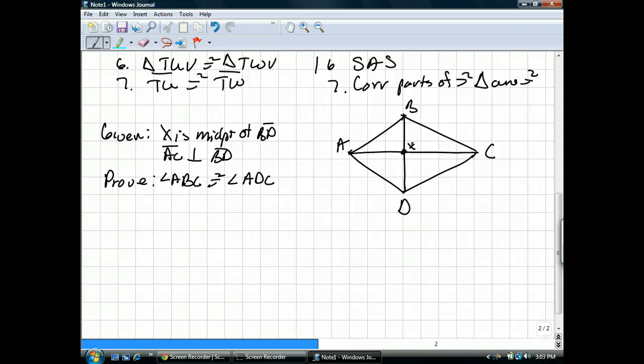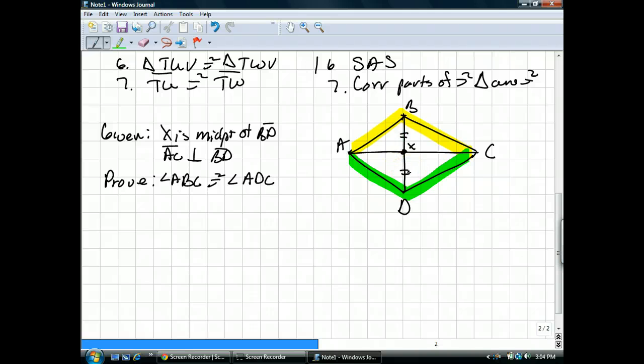Okay, so in order for angle ABC, which is this angle, to be congruent to angle ADC, this angle, in order for those to be congruent, then triangle ABC has to be congruent to triangle ADC. But in my given, I know X is the midpoint of BD, so I know this is congruent to this.